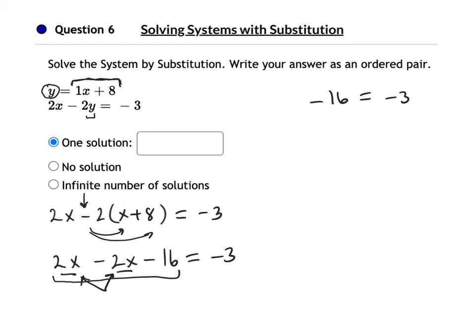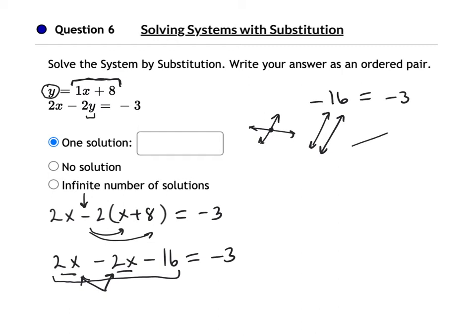Reminder that there were 3 possibilities when you solved a system of equations. Think of the graphing. The 2 lines could intersect at one point. The 2 lines could be parallel, meaning they would never share a solution. There would be no solution to the system.